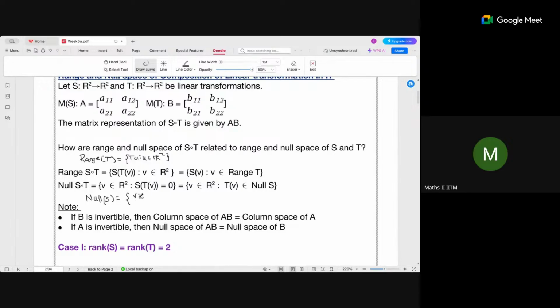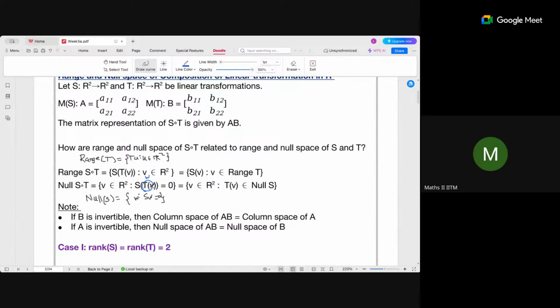Maybe instead of V, if I put some W, I can just compare: the set of all W such that SW is equal to 0. So let us think of this as W. Now we are considering the set of all vectors for which SW is equal to 0. So this TV is nothing but the elements in the null space of S.